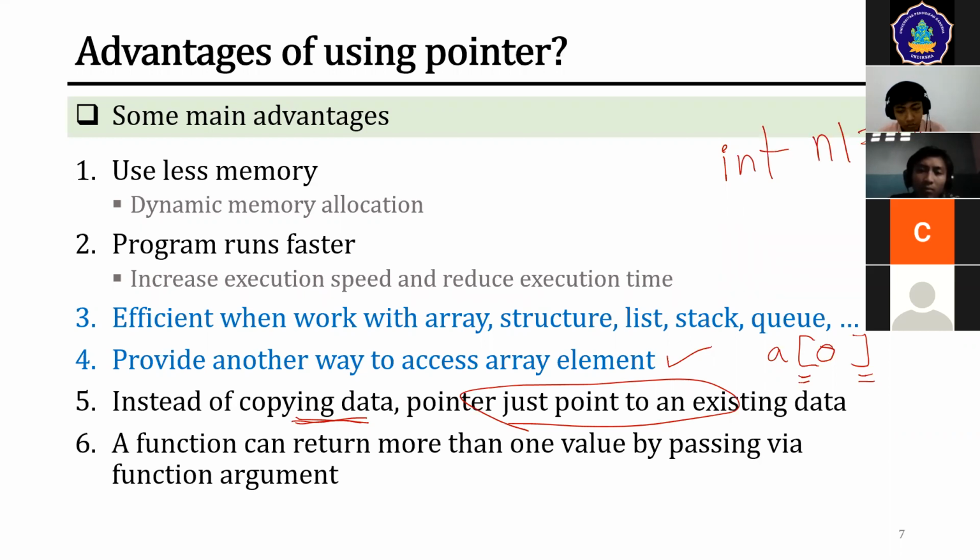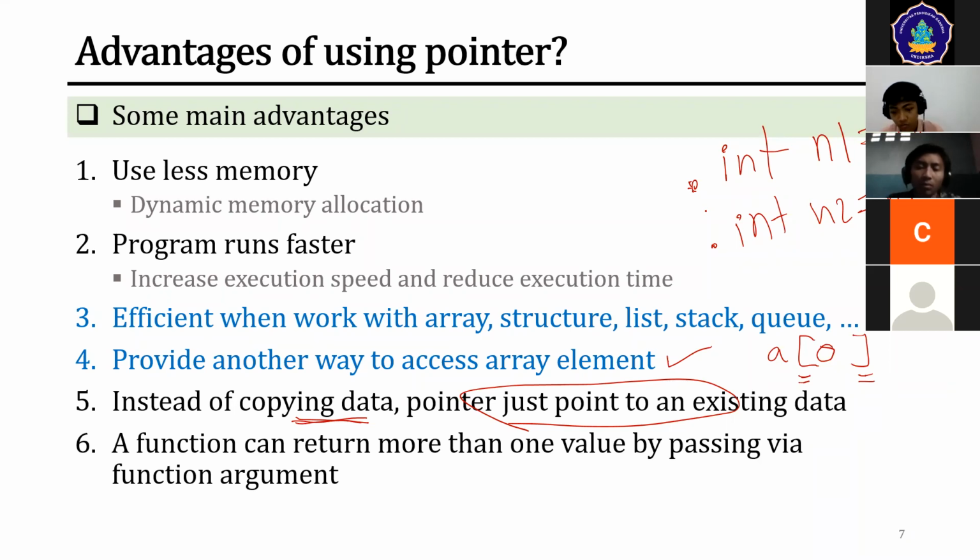Later on, you want another variable which also has the same value. You say n2 equals n1. What it does here is make a copy, right? Making a copy will take some memory space in your program.